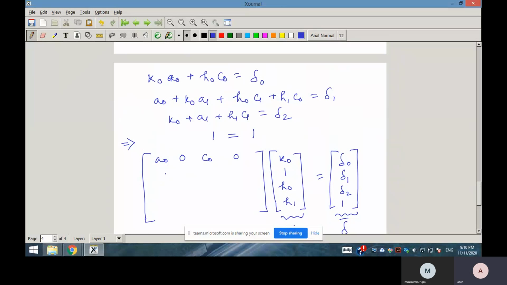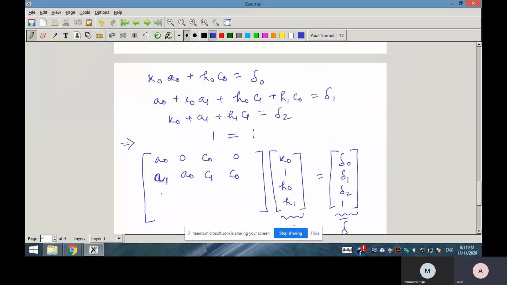And then from the second equation, the coefficient is a1. This should be a1, and then a0. Then what is the H0 coefficient? C1. And what is the H1 coefficient? C0, which should be equal to delta 1. And what is the third one? K0. K0 is what?